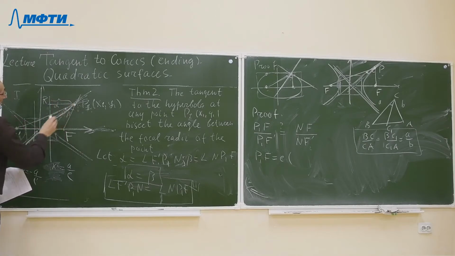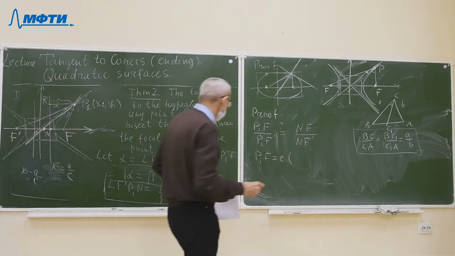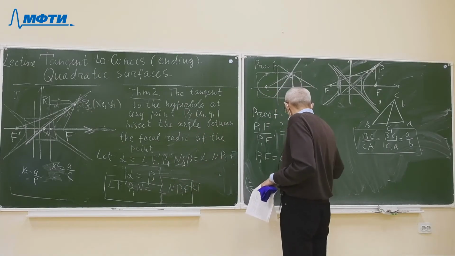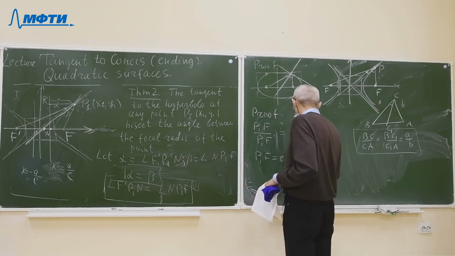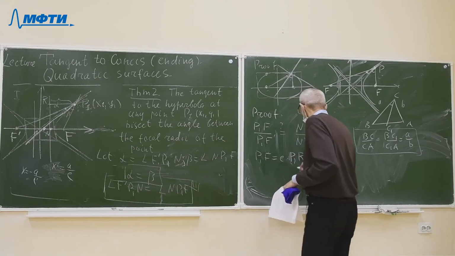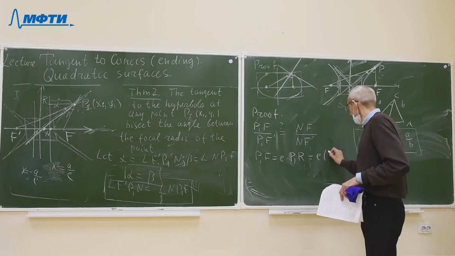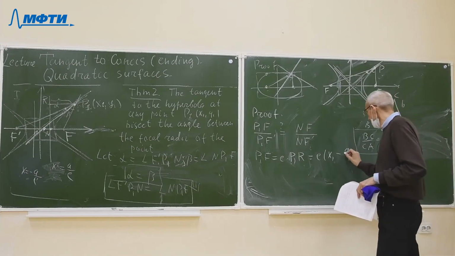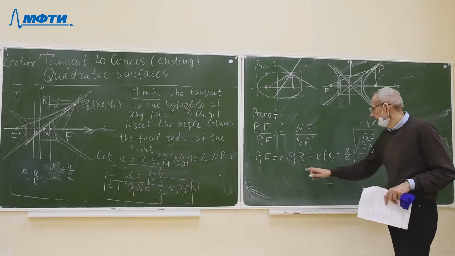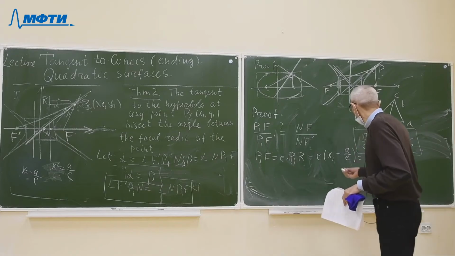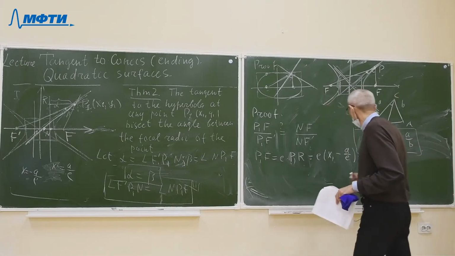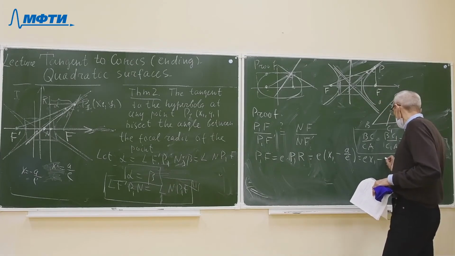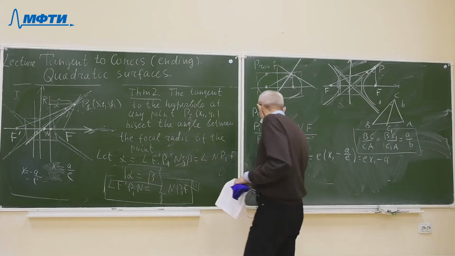This distance P1R is the difference x1 minus a divided by e, and it is easy to see that P1F is exactly equal to e x1 minus a.